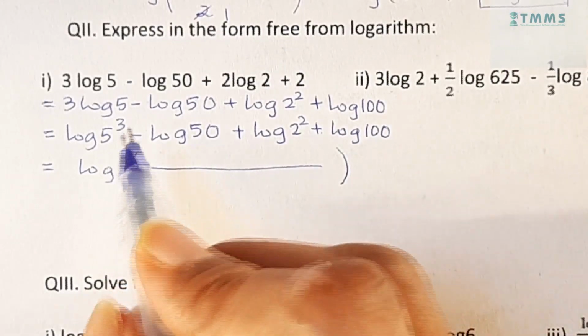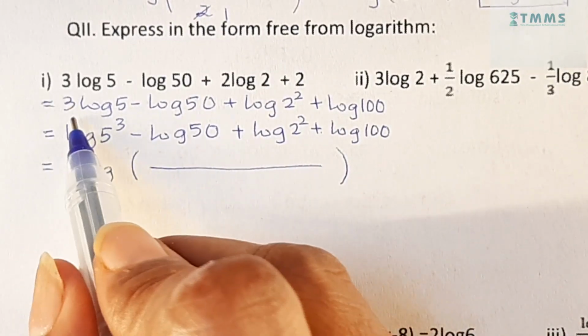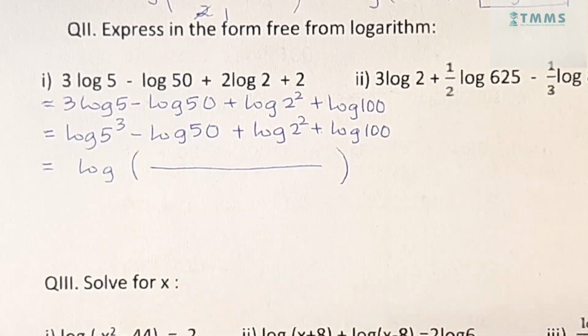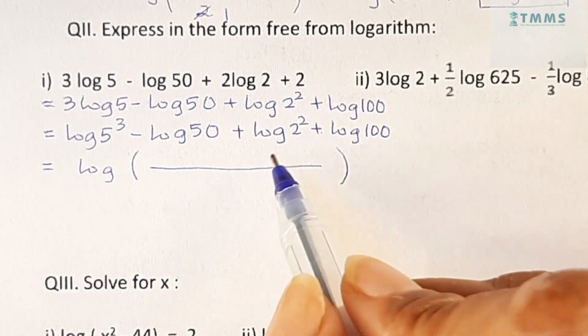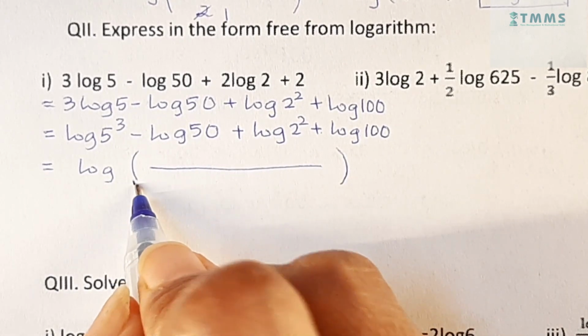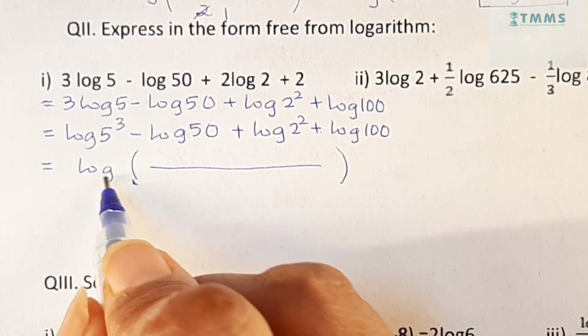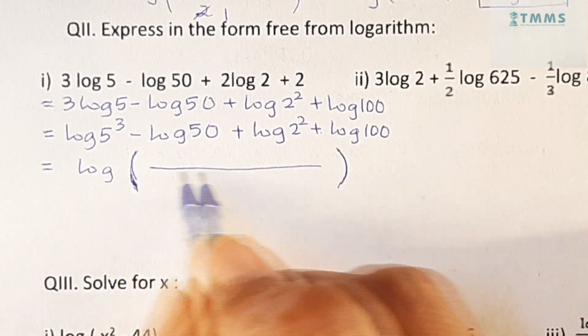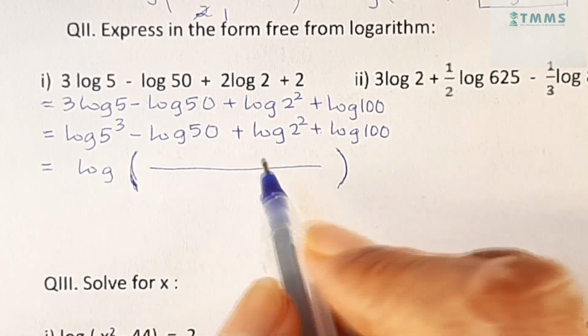Now let us see what we have done. This 3 also goes as an exponent. So log 5 cube minus log 50 plus log 2 square plus log 100. Now the trick is now to have log written as a log of big number. What is the big number?